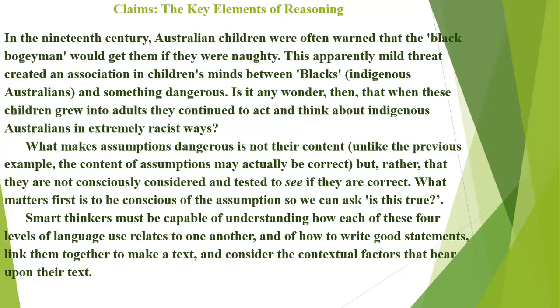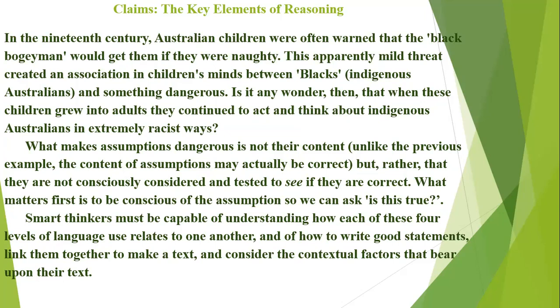For example, in the 19th century, Australian children were often warned that the black boogeyman would get them if they were naughty. This apparently mild threat created an association in children's minds between blacks, Indigenous Australians, and something dangerous. Is it any wonder, then, that when these children grew into adults they continued to act and think about Indigenous Australians in extremely racist ways?